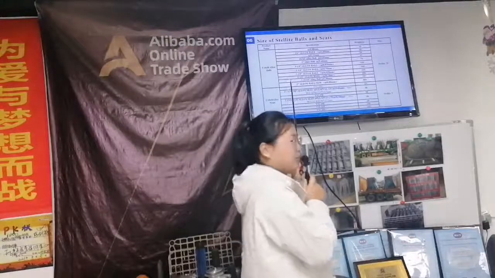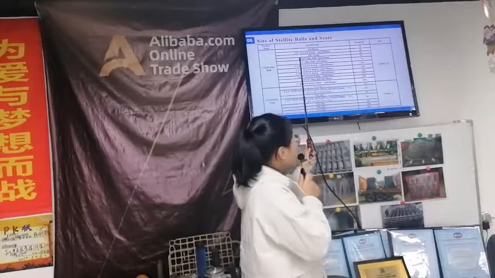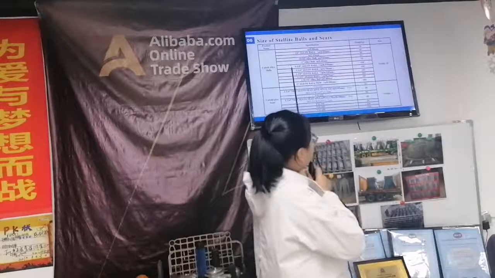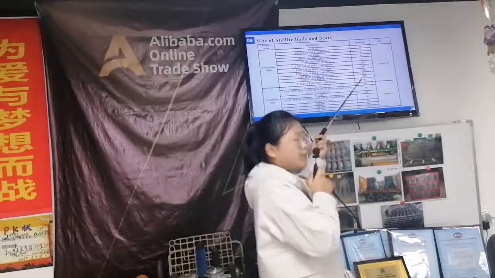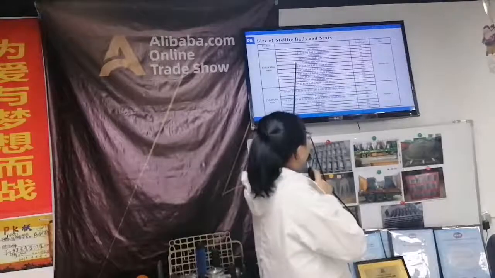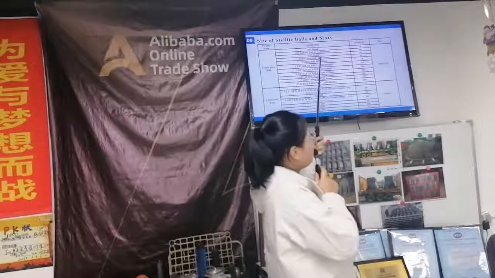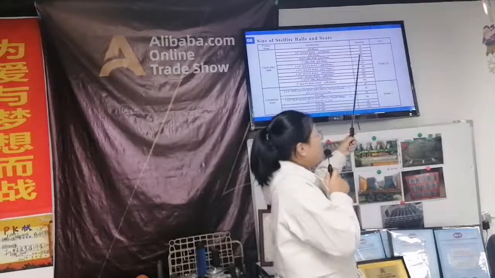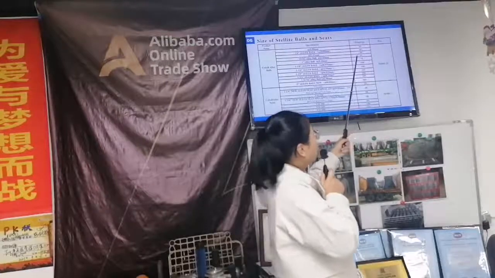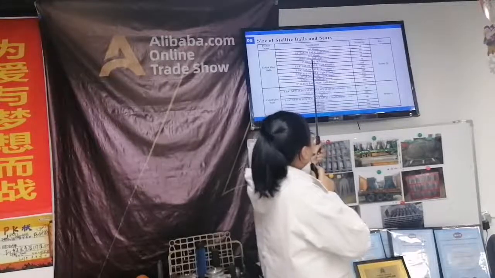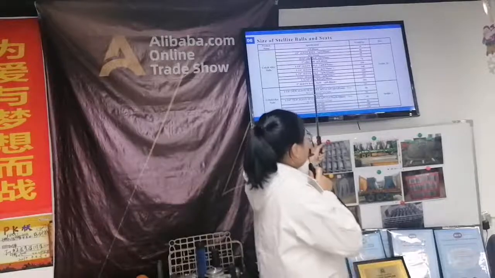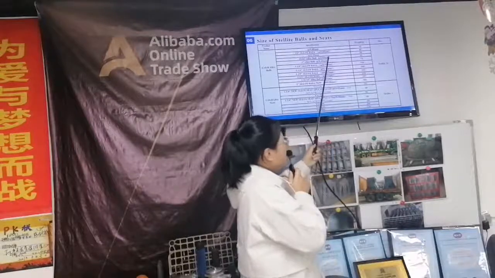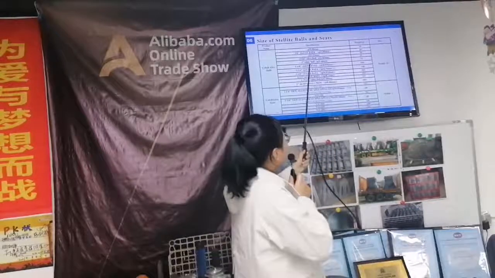For example, diameter 15.88 millimeter. The unit weight is 18 grams. Diameter 19.05 millimeter. The unit weight is 45 grams. Diameter 28.23 millimeter. The unit weight is 50 grams.